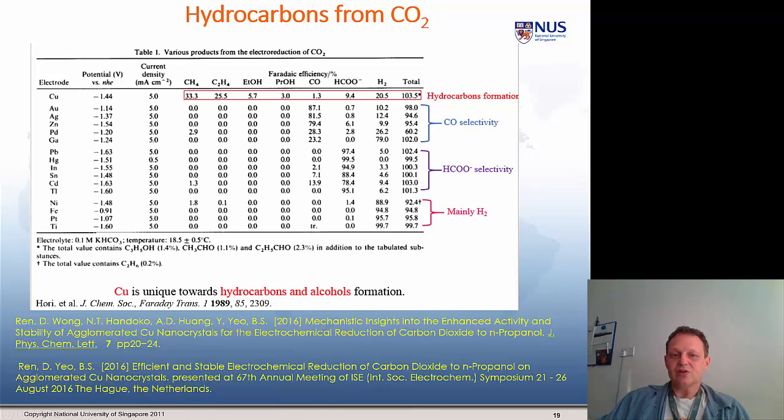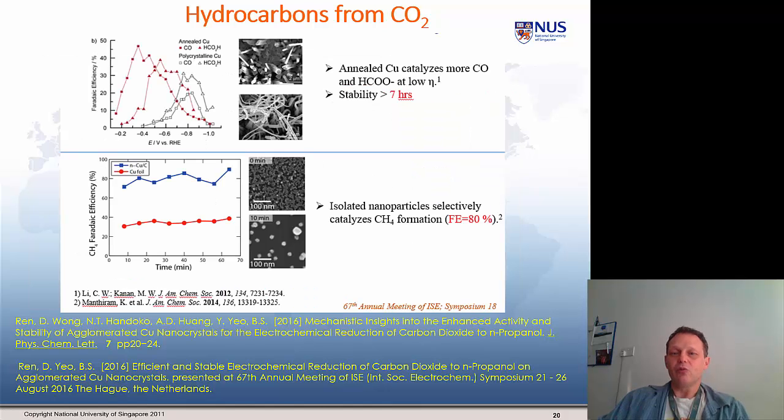Then they looked at the form of the catalyst that they should use. Now, they went through a series of copper catalysts, annealed, isolated nanoparticles, and I'll let you read that. But I want just to draw your attention to this graph.